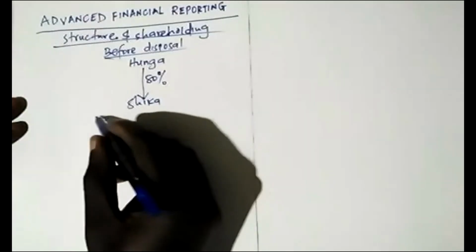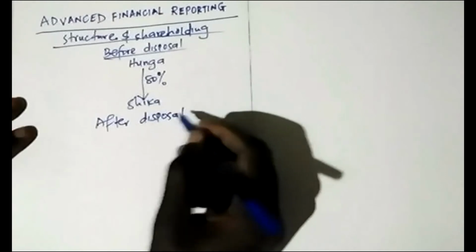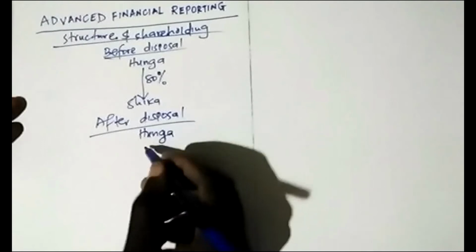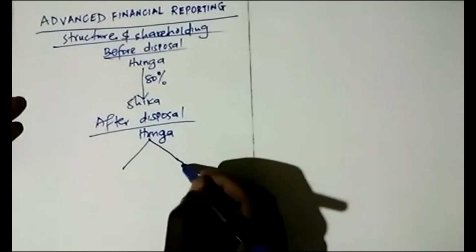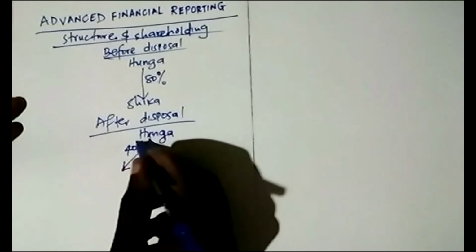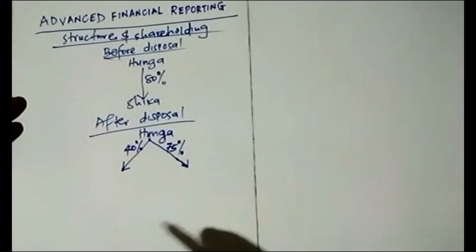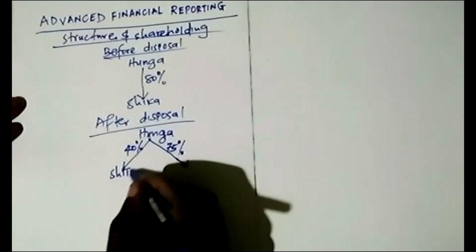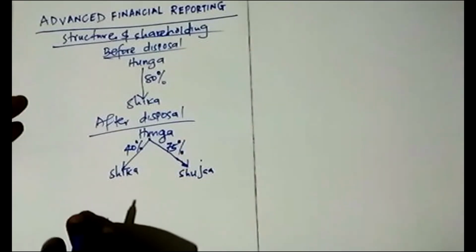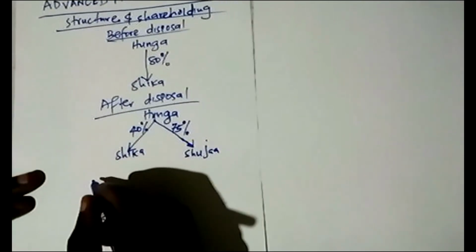Then after disposal, Hunga sold half of Shika, which means that Shika remained 40%. Then he acquired Shuja 75%. We have already gone through the question, so you know what I'm trying to interpret here. Those are the structures: before disposal and after disposal.